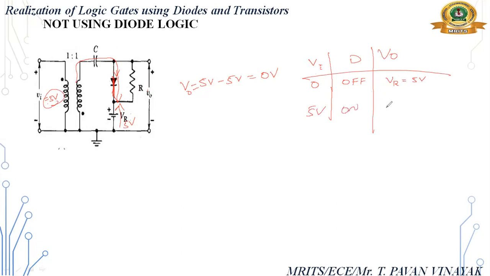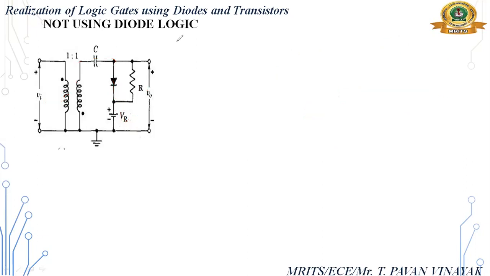So V out is equal to VR minus VR. Here VR and Vi must be matched, because I am giving 5 volts, VR also 5 volts. So VR minus VR, that is equal to 0 volts. See, logic 0, logic 1, logic 1, logic 0. So we are getting NOT gate, right? So this is the circuit of NOT gate.